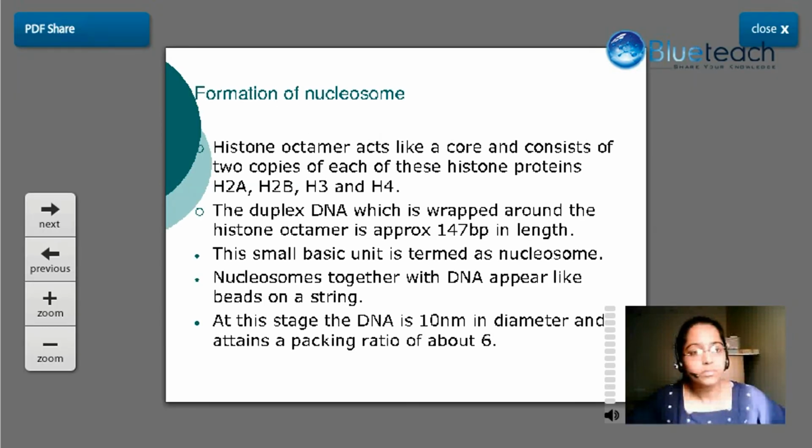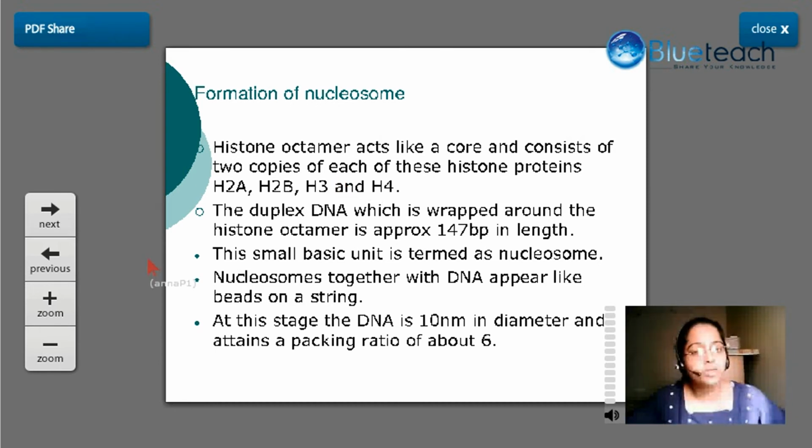So the histone octamer acts like a core and consists of 2 copies of each of these histone proteins. That is, it contains 2 copies of H2A, H2B, H3 and H4, around which the DNA duplex wraps.